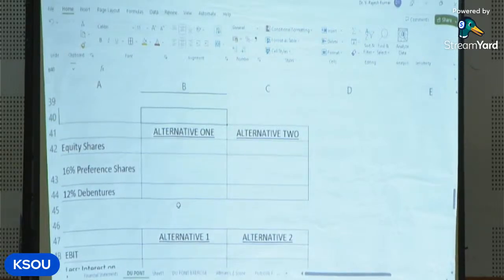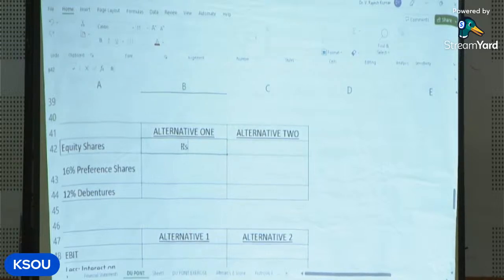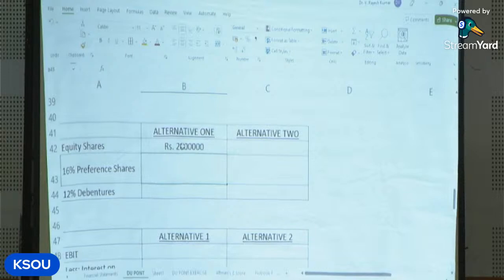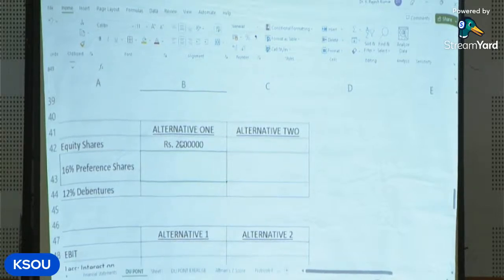Let's take two alternatives. One alternative, we get the entire 20 lakhs by issue of shares, only that. Only issue of shares, no other alternative.